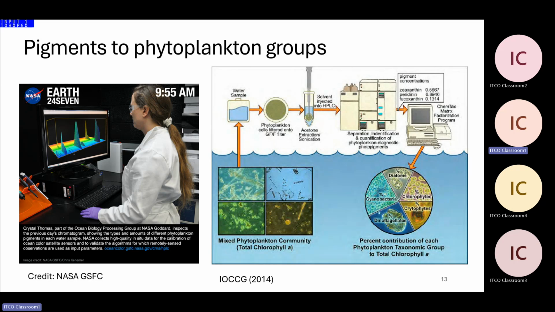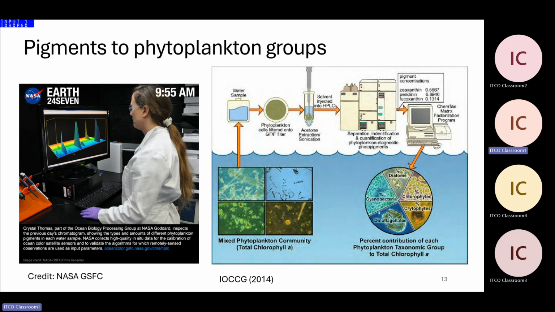So anyway, once you've got your phytoplankton on your filter, you've shipped it to the lab, frozen in liquid nitrogen, you thaw it out, you put it in a solvent to extract those pigments out, and some people would use a sonicator to kind of break up the cells. In the old days, you'd grind it up, and you put that extract into the liquid chromatography machine.